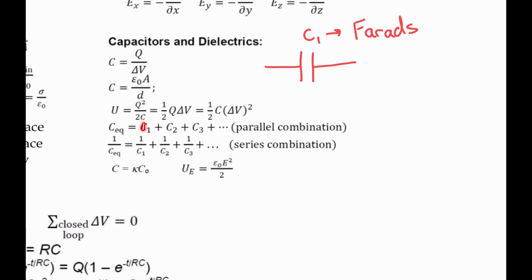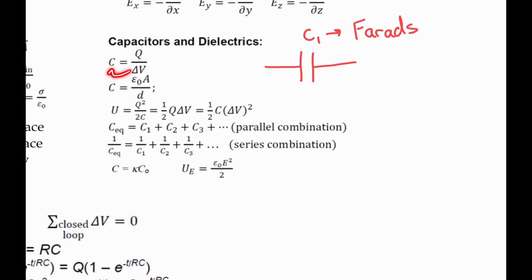So if you replace the capacitance here with Q over V, this becomes now Q over delta V. And that delta V goes on the top over here, and one of those Q's cancels with one of these Q's, so you get a Q on top. 1/2 Q delta V. And then the same thing here, you can replace, I guess, the charge Q over here.